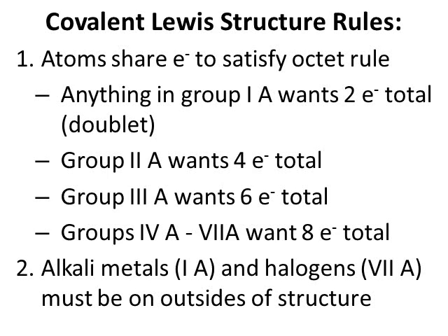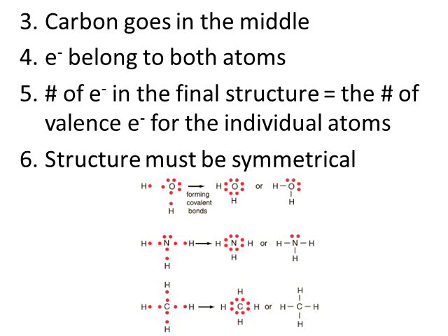When we draw, our alkali metals in group 1A and the halogens in group 7A are always going to be on the outside of our molecule. Carbon always goes in the middle. Remember, electrons belong to both atoms because they are being shared.